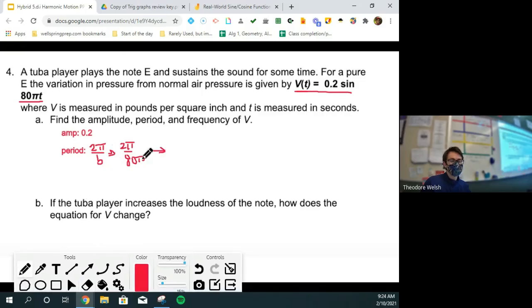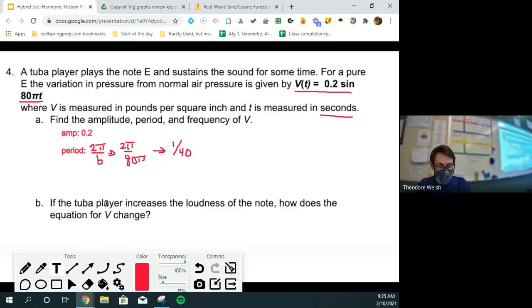Which simplifies then. Pi's cancel. 2 over 80 simplifies to 1 over 40. So my period is 1 over 40. So it takes 1/40th of a second to complete a full cycle.